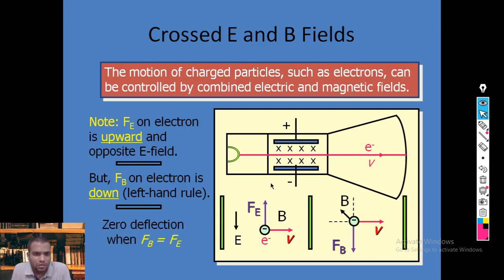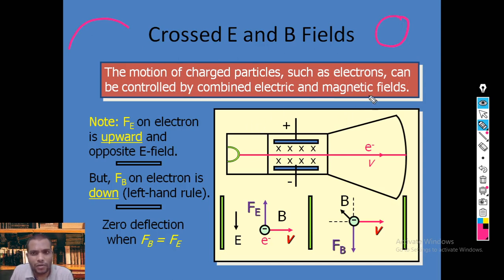Now suppose these two forces are equal, the force on the electron due to the electric field and the force on the electron due to the magnetic field. Will the electron change its direction, meaning change its deflection? We learned electrons deflect in an electric field in a parabolic path, and in a magnetic field they move in a circular path.